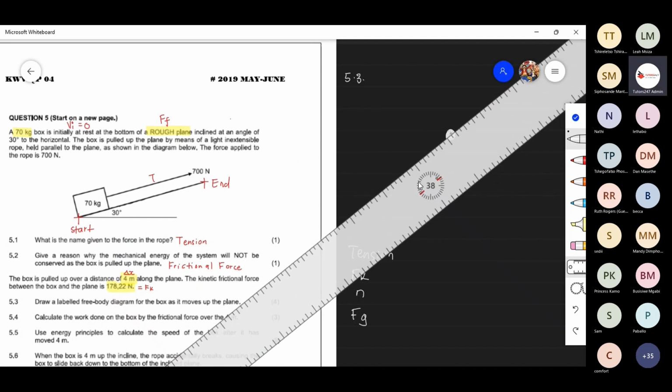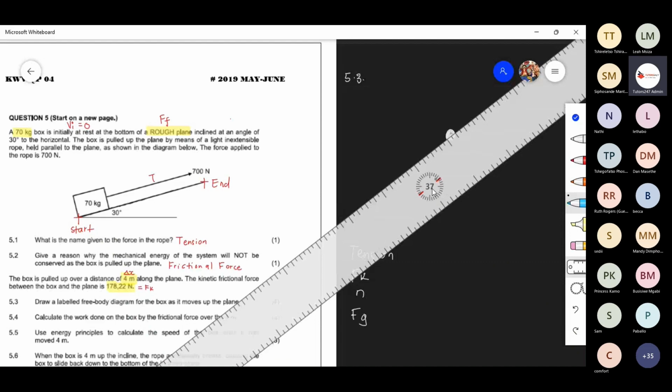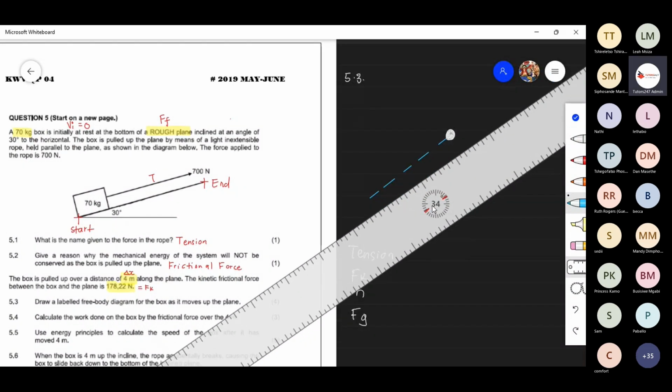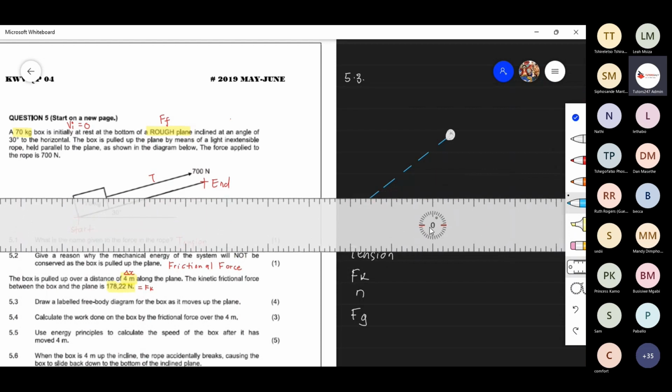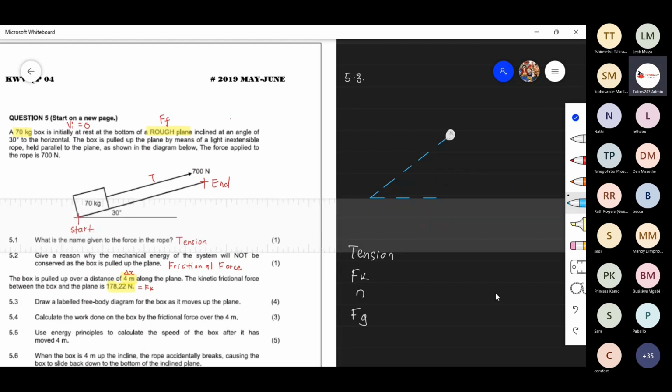This just gives me an idea of the general direction of our forces. So this is my inclined plane.